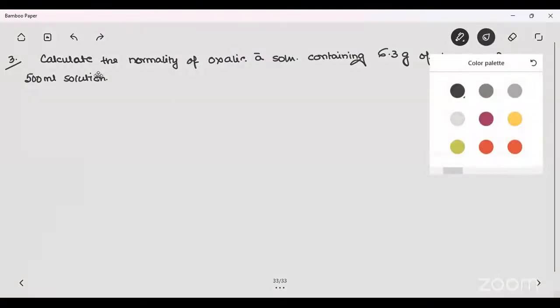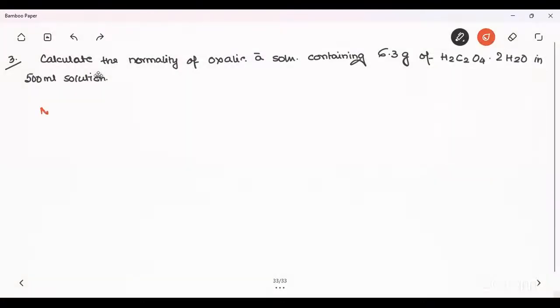So how to solve this sum? Just write the formula. Normality N is weight divided by gram equivalent weight, multiplied by 1000 divided by volume. So what is given? 6.3 divided by what is the molecular weight of this?